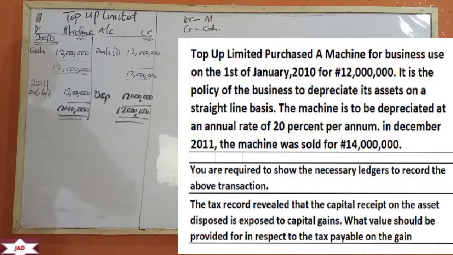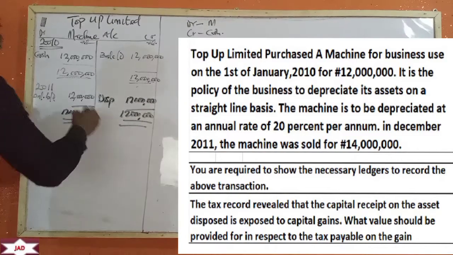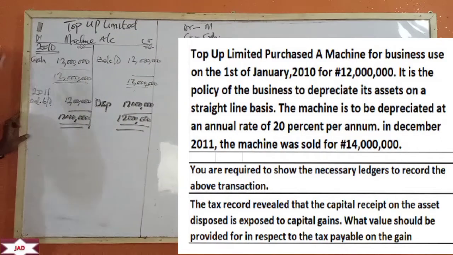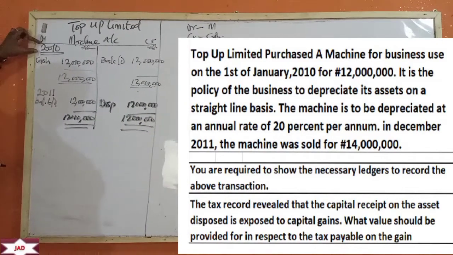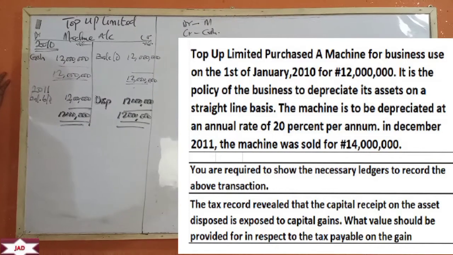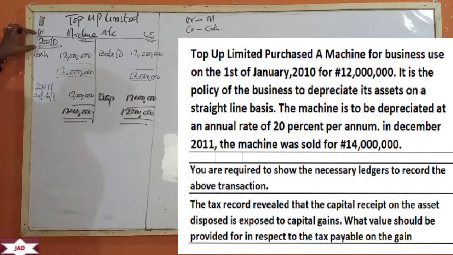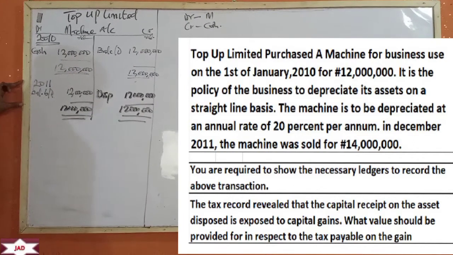Now remember that you have used it in 2 years, 2010, 2011. Fortunately, it's December, so it's complete month, no proration. So that means there's depreciation in 2010, there's depreciation in 2011, right?